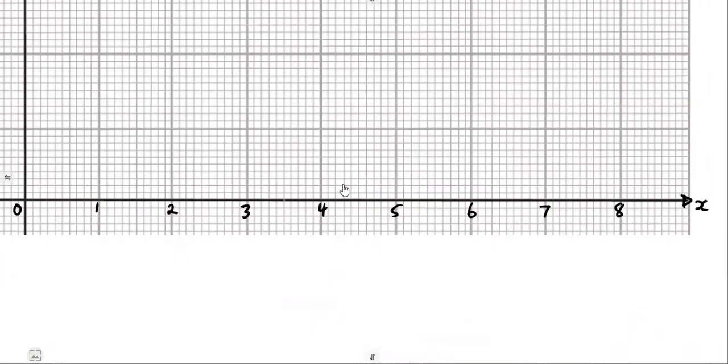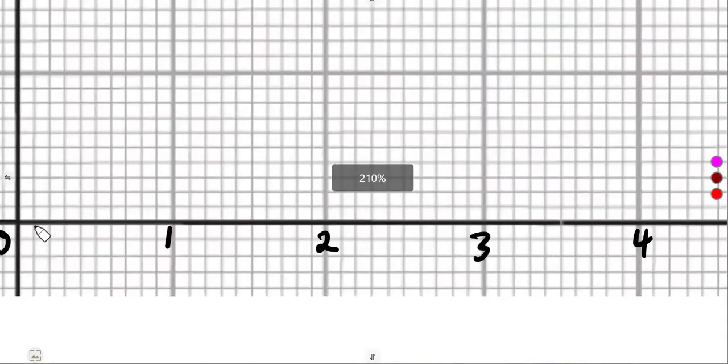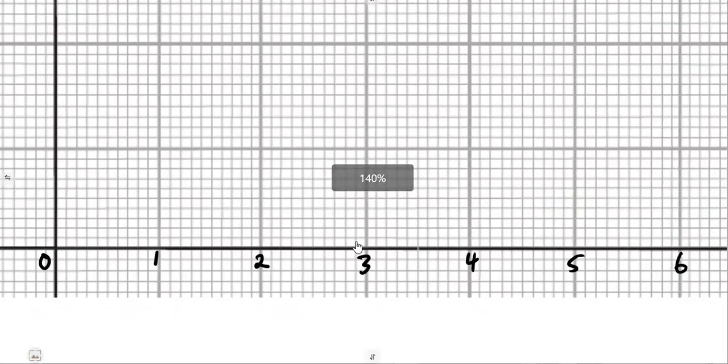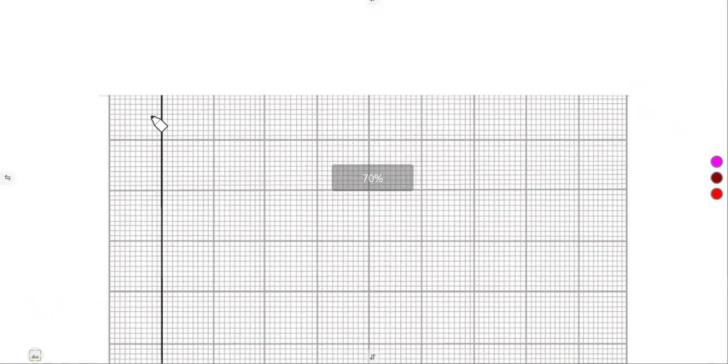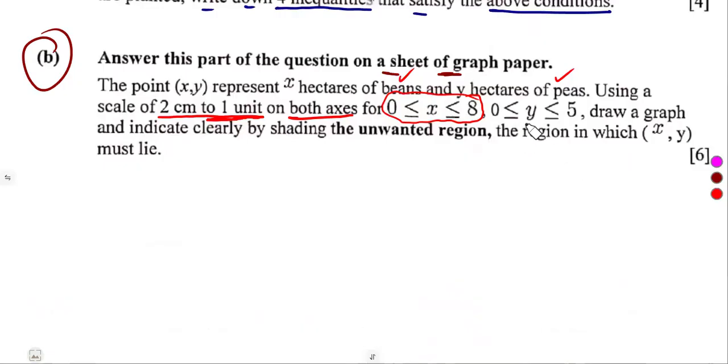These smaller boxes, if you count 10 of them, make 2 centimeters. Then same thing for the Y values, because these were for X, we also have the Y axis, from 0 to 5.